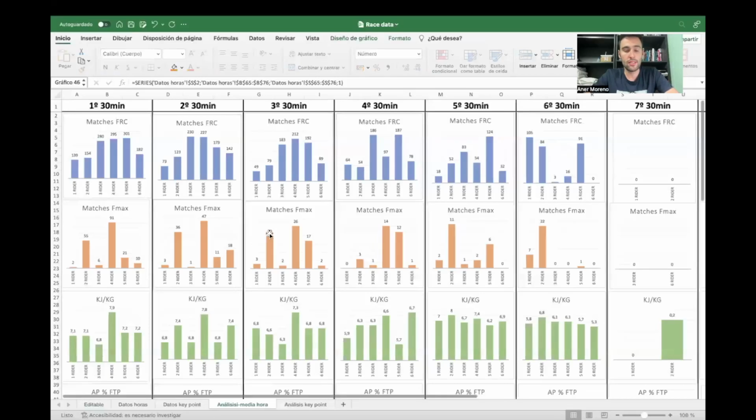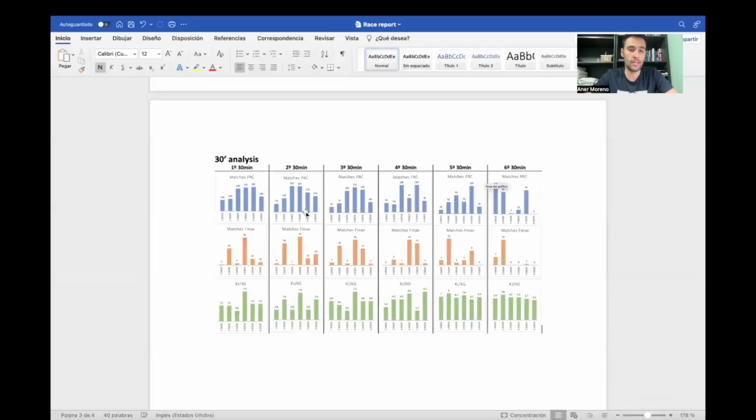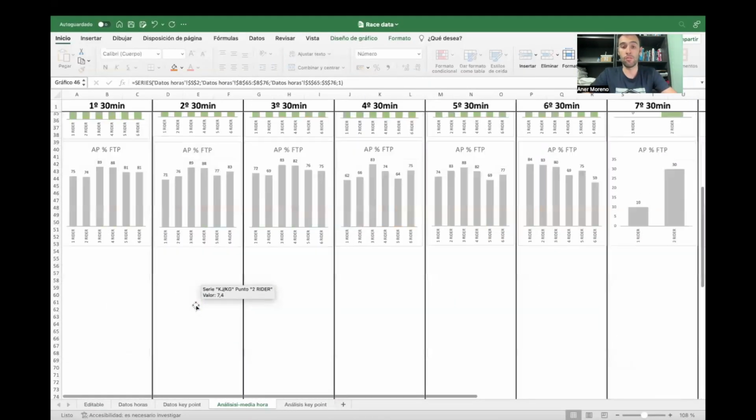So for the report, as we have said, I want to analyze this data so that the sport director can get an idea of how the dynamics of the race have been.